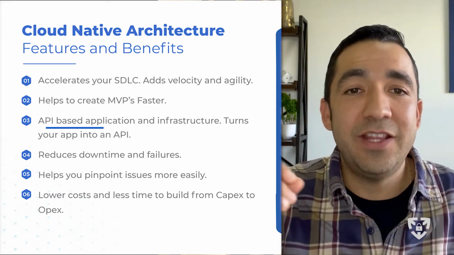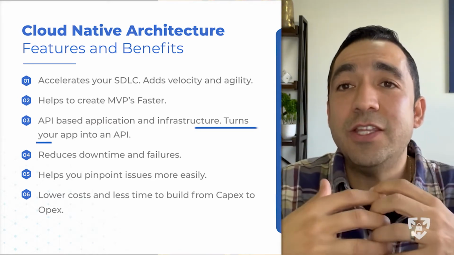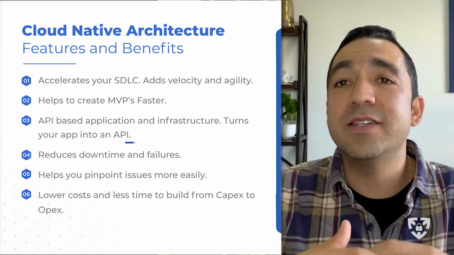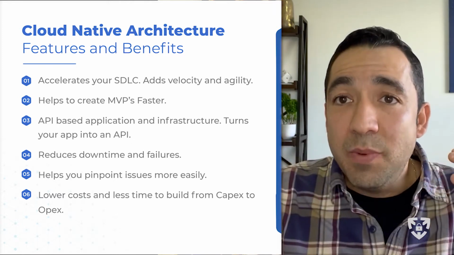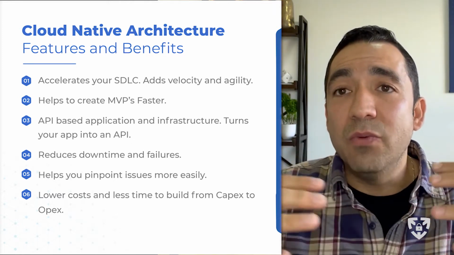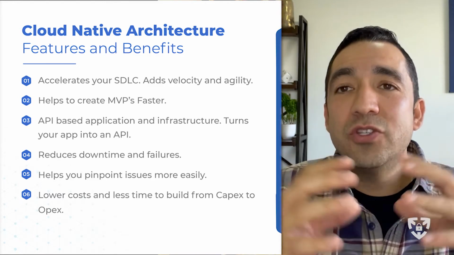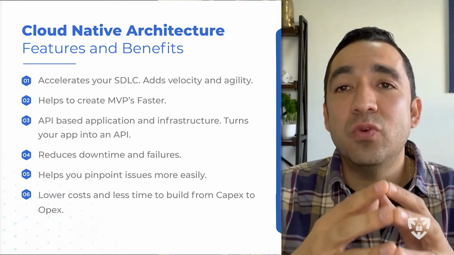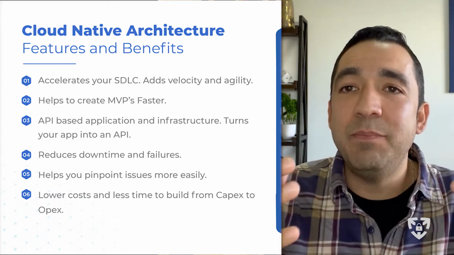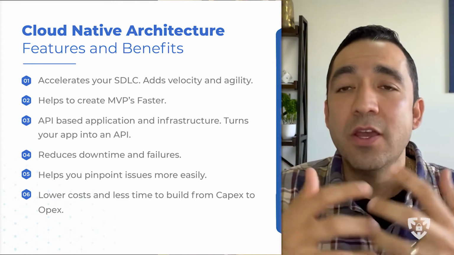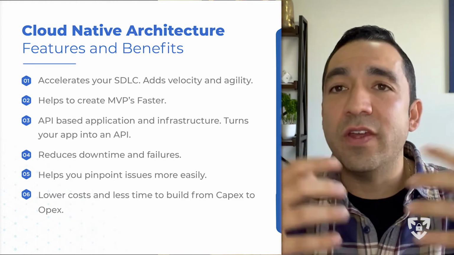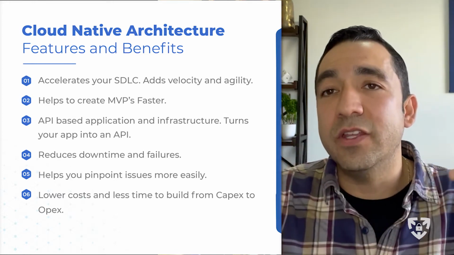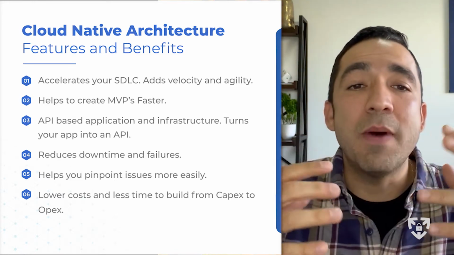Number three, it helps you turn your apps into API-based applications. Being cloud native first, you will be using a lot of APIs. It's important that your application also acts as an API system to interact or integrate into the different cloud native processes that you might have.